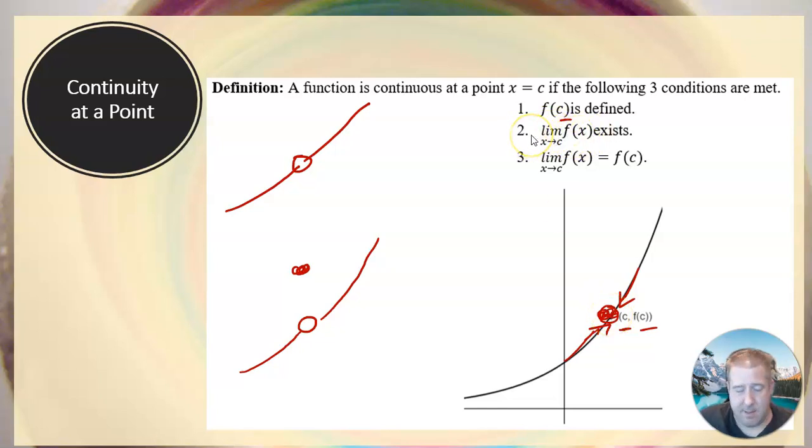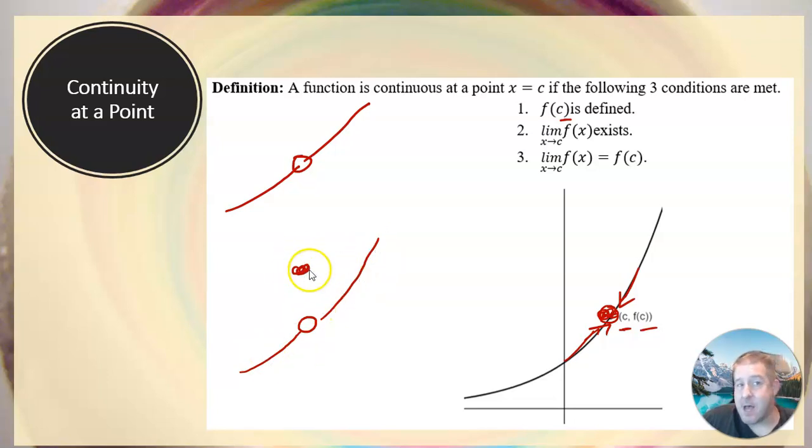And number 2, it states that the limit of f of x has to exist at c, meaning the left and right hand sides have to meet somewhere. Well, technically they don't have to meet right here. They could meet anywhere. So in other words, this f of c does not exist. It would be a hole.